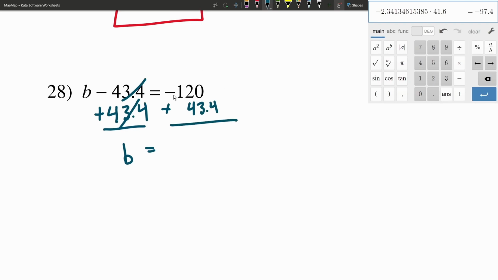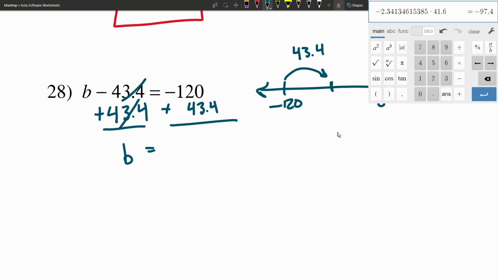Now remember, a negative, if we're adding a positive, thinking about that on our number line, we're going closer to 0. So we want this number to be closer to 0 on our number line. So the distance from 0 is going to get smaller. It's still going to be negative, but it's not going to be quite such a large valued negative.